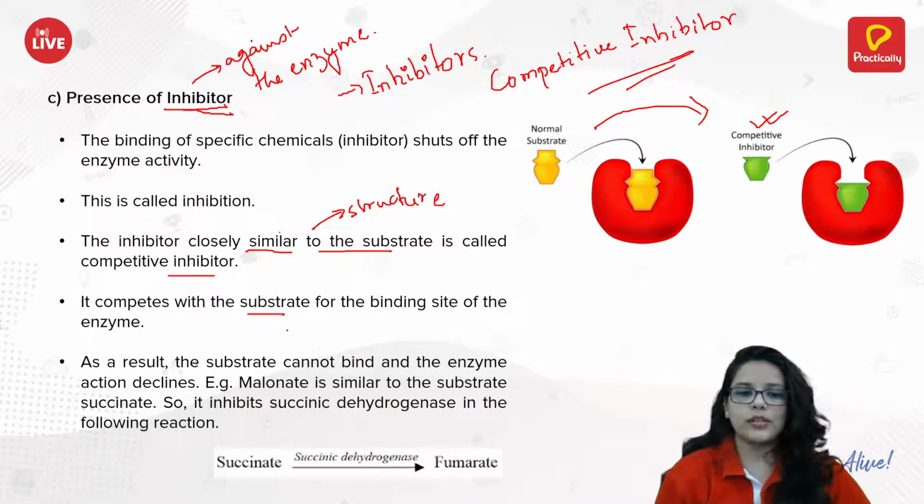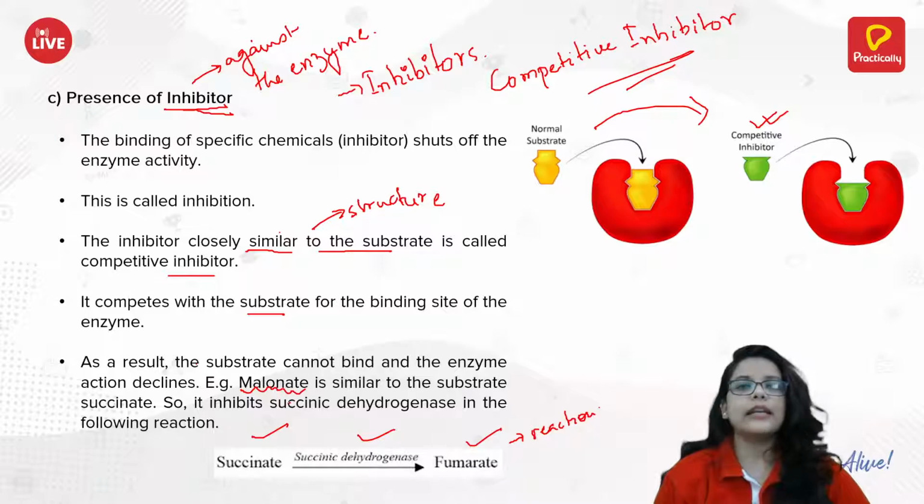For example, suppose I have succinate and there is succinic dehydrogenase and it forms fumarate. This is a proper reaction. Now, sometimes malonate goes and sits in place of the substrate because malonate looks a lot like succinate, and the reaction stops.